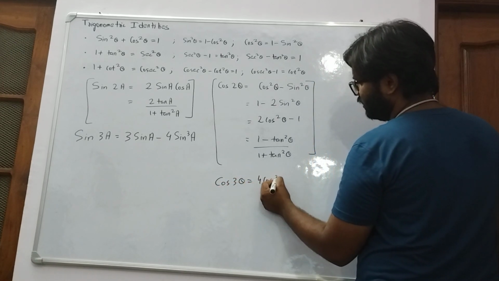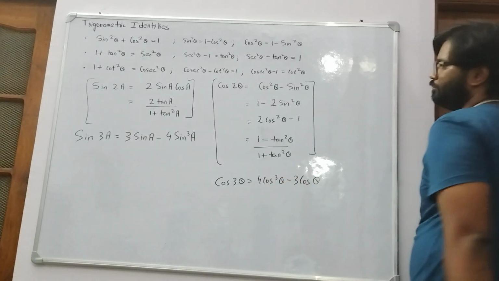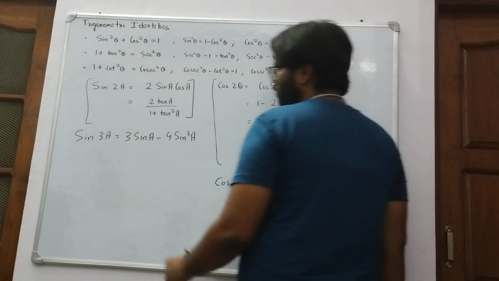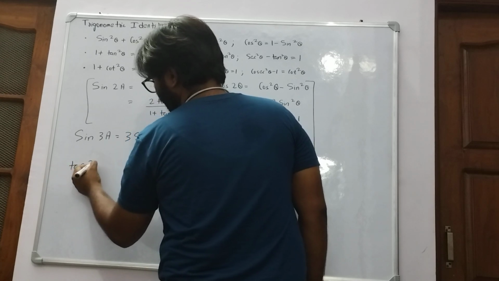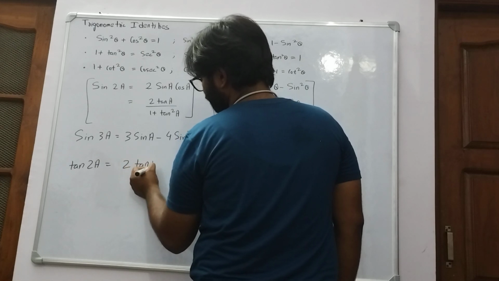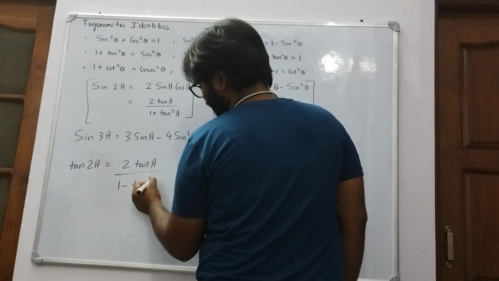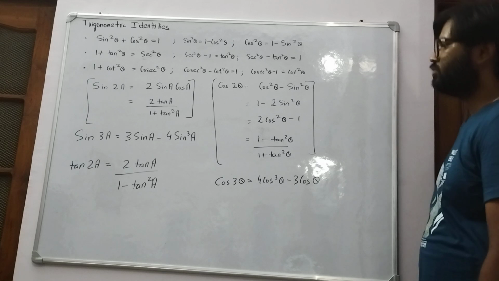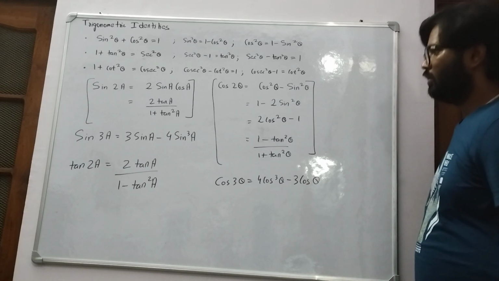It is 4 cos cube theta minus 3 cos theta. Now the formula for tan 2A is 2 tan A upon 1 minus tan square A. I'll give you a few seconds to take the screenshot, and then we will write down the next set of formulas. Thank you.